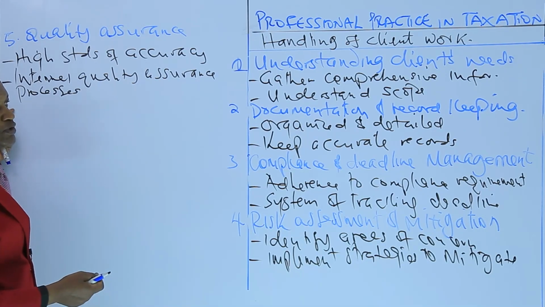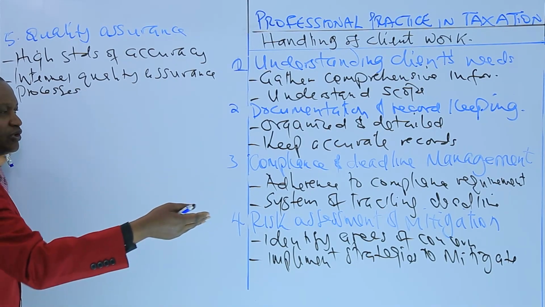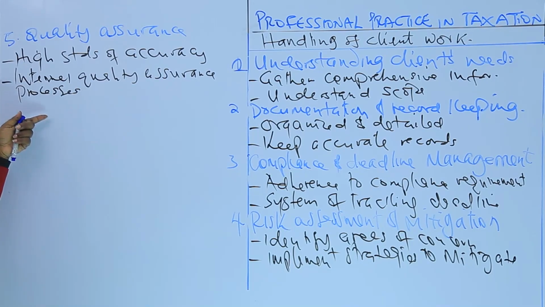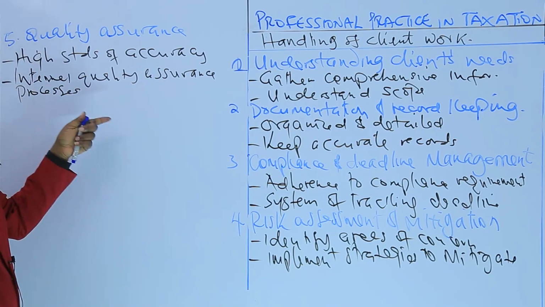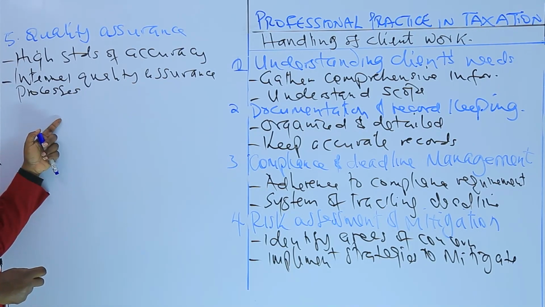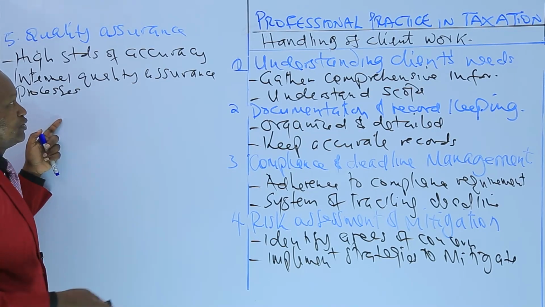The purpose of these quality assurance processes is to review work before submission to clients or to tax authorities. So there ought to be established internal quality assurance processes so that the work that the tax professional does is subjected to review before submission to tax authorities.